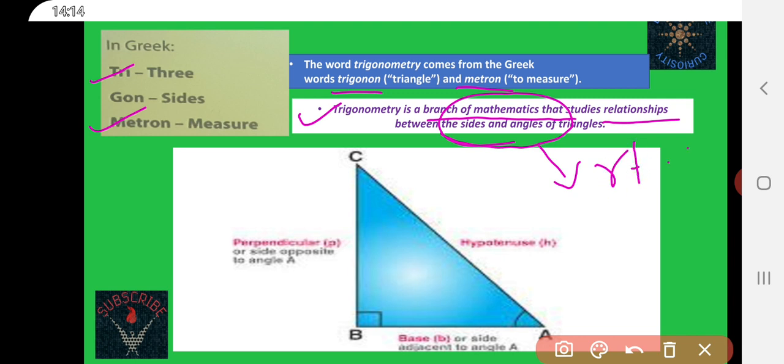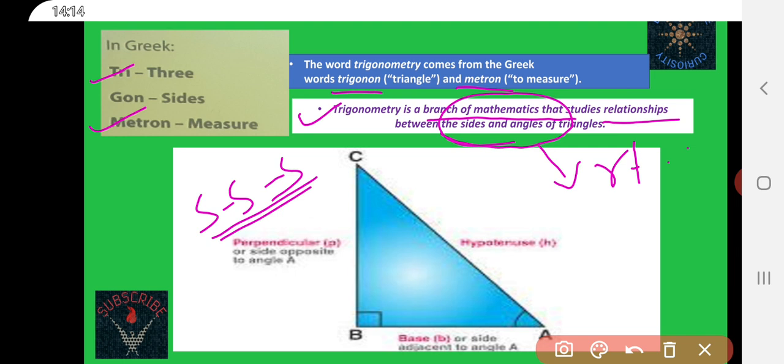In Pythagoras theorem, we knew the side-side relation, that is h square is equal to p square plus b square.